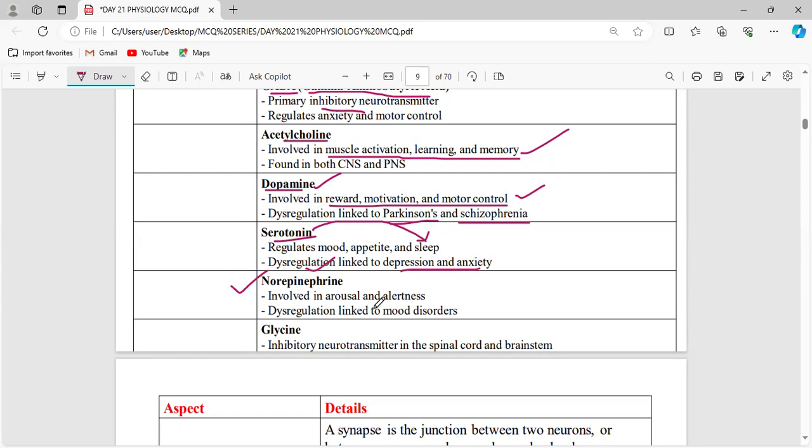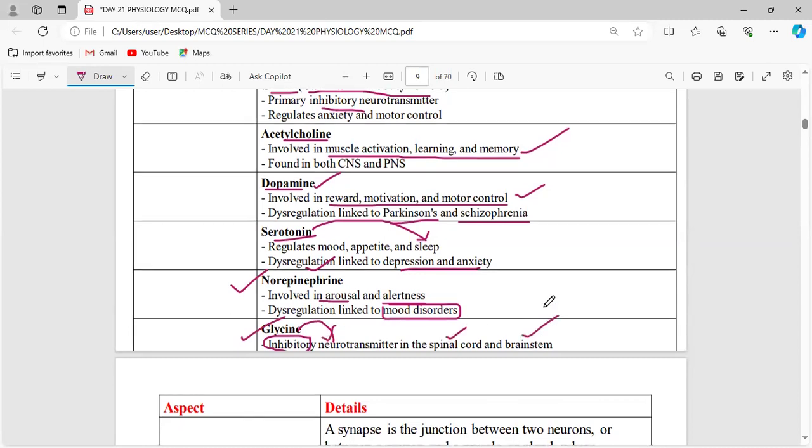And norepinephrine, we know it is involved in arousal and alertness. If it does not function properly, it is related to mood disorders. And glycine is particularly an inhibitory neurotransmitter, and you should not think glycine is just an optically inactive amino acid. It is also considered a neurotransmitter, particularly in the spinal cord and the brainstem.